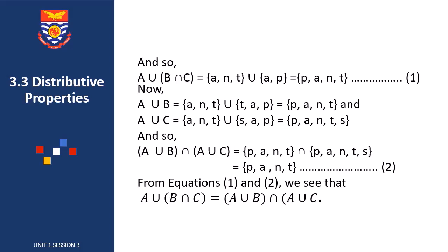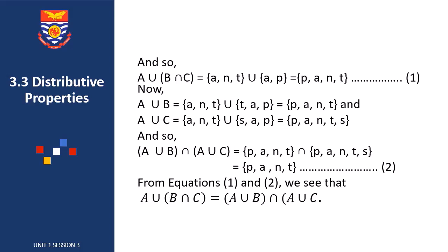And so the union of A and the answer we got will give us P, A, N, and T. We call that one equation 1.